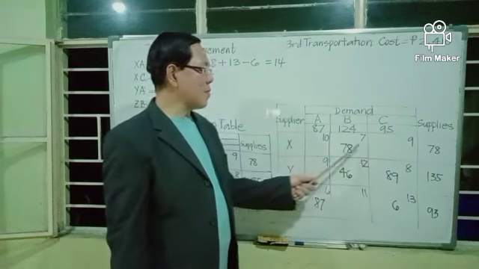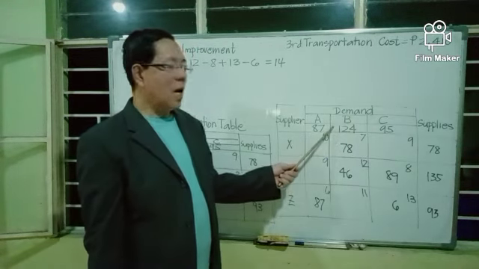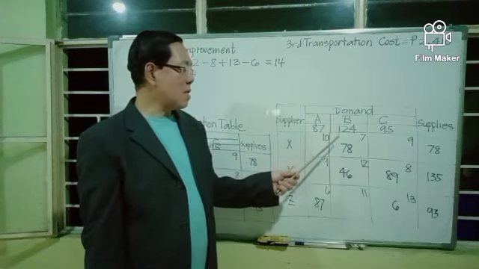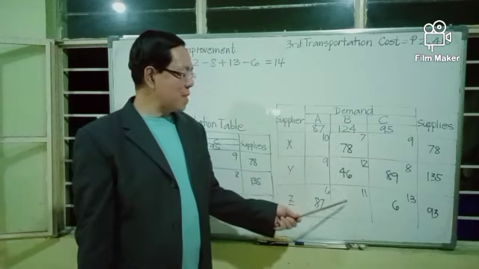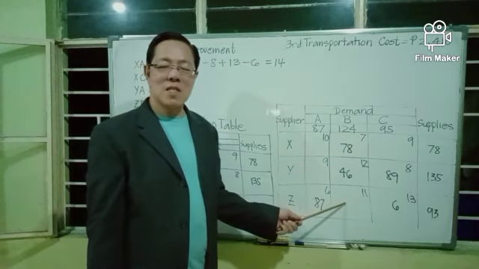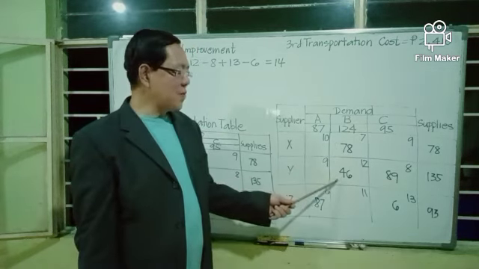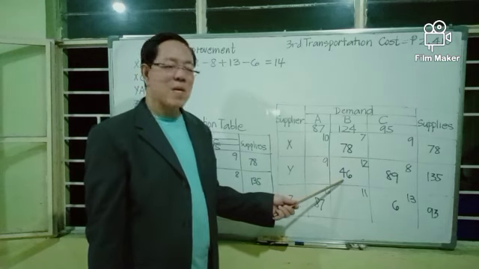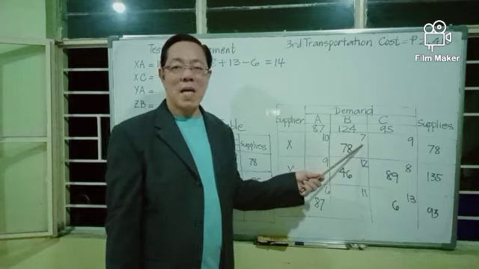After this horizontal movement to the left, the next move is vertical. And we cannot move upward because 124 is the demand of customer B. So from 78, we move vertically downward, but not up to this cell because it is vacant. From 78, we move vertically downward to 46, and the cost associated with that vertical movement downward is the negative of this cell cost, or minus 7.